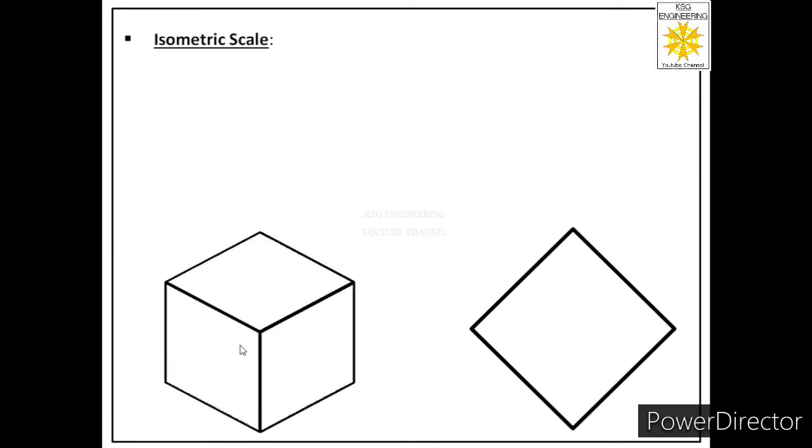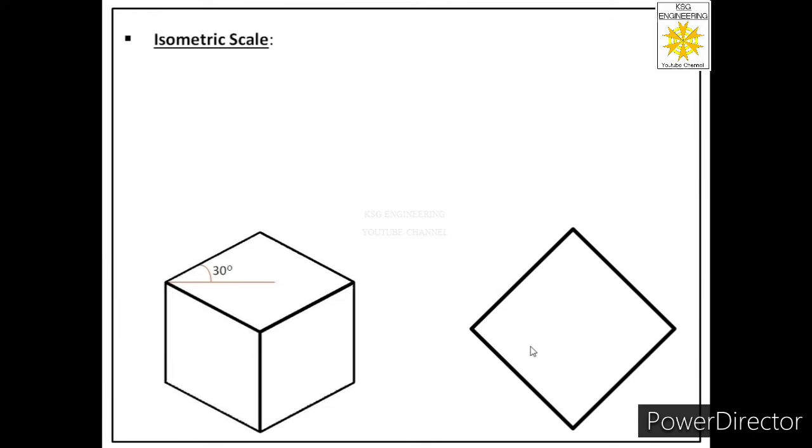In the isometric projection, we know these two edges of the cube are inclined at 30 degrees to the horizontal line. So if I sketch a horizontal line over here, then we can say this line is also at 30 degrees to this horizontal line.